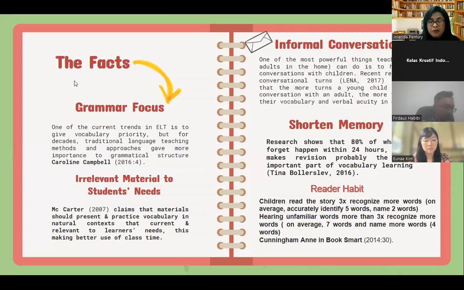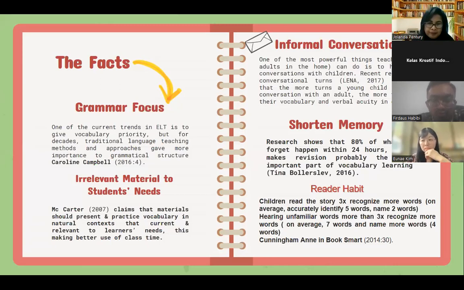For example, after we teach, we review it 5 or 10 minutes after teaching, or we repeat it for the next meeting before we start the other material. We can review the new vocabulary that we already gave to our students. If we don't do that, it will vanish.